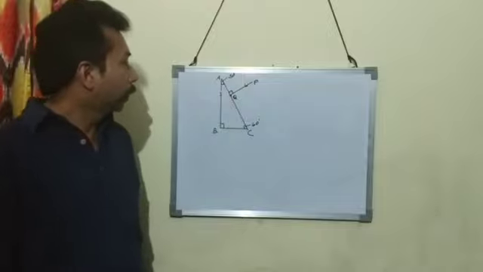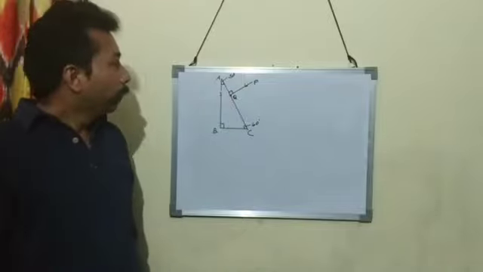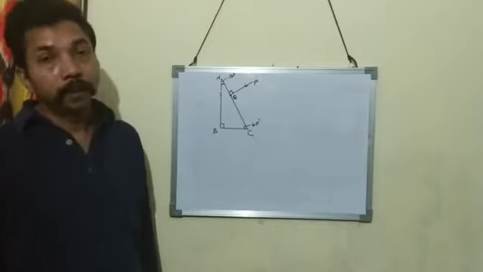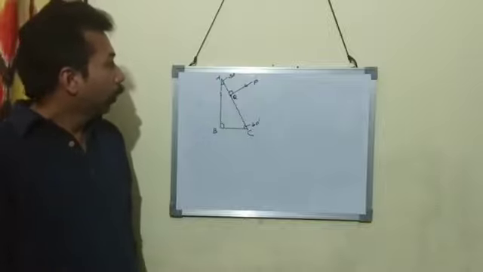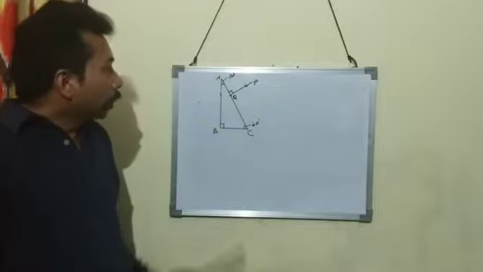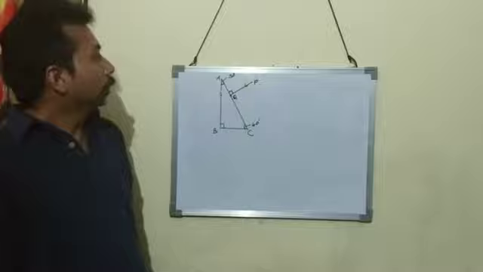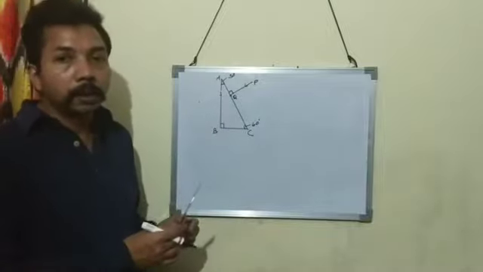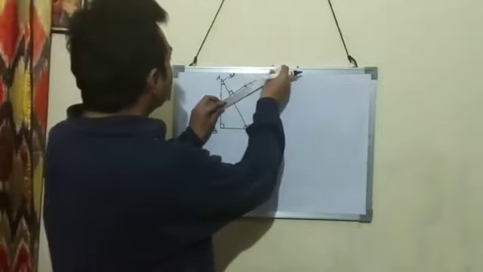Now you have to complete the diagram till it emerges out. So what is the angle of incidence on AC according to this diagram? It comes normally, so the angle of incidence on surface AC is 0 degree. Since the ray strikes normally, it will pass undeviated.